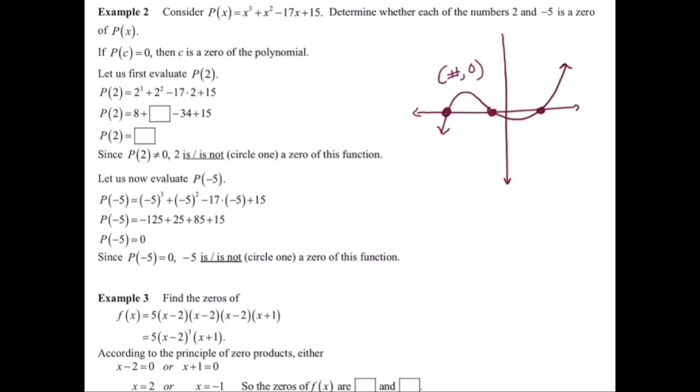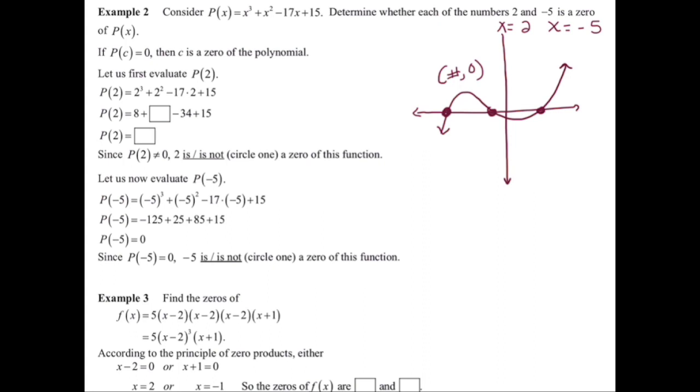So if it is a zero of the function, when I plug our x value in, we should end up with 0 for our y value. When I plug in x is 2 and x is -5, hopefully our y value is 0. If it is 0, then it is a zero of the function. However, if it's not equal to 0, then it is not a zero of the function.